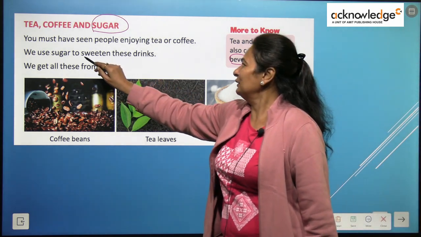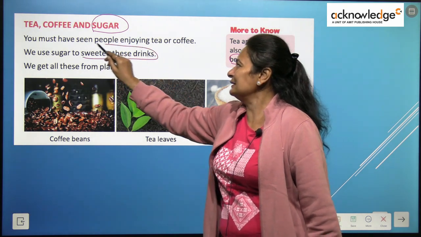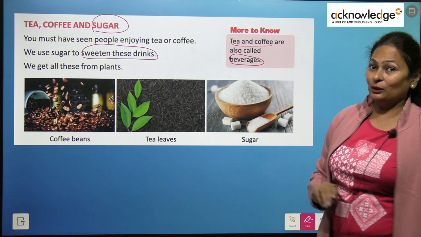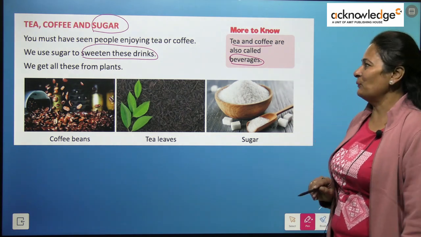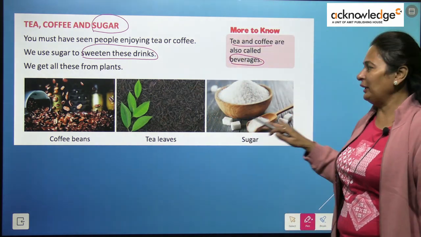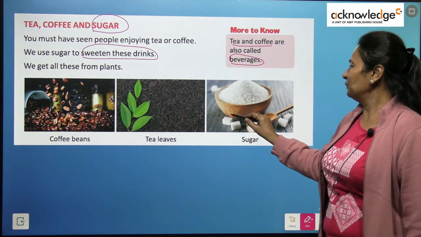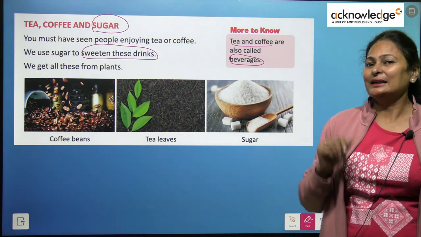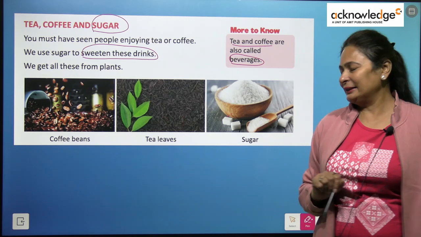We add sugar to sweeten these drinks. So, tea and coffee are called beverages. Very good. Now, all these things we get from plants. Sugar is made from sugar cane, and sugar cane is the stem of a plant, right kids?